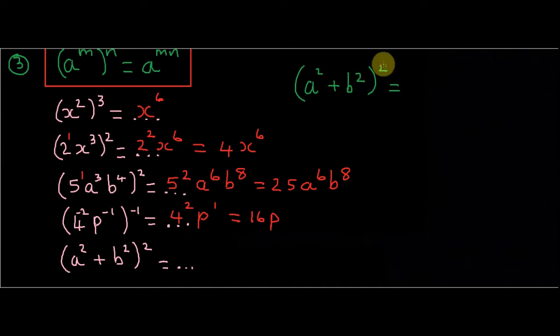They'll apply the square across the plus, so they'll write it as a to the 4 plus b to the 4. Which is very wrong. This is definitely not equal to a to the 4 plus b to the 4. In other words, you can't apply the square outside the brackets across a plus or a minus.